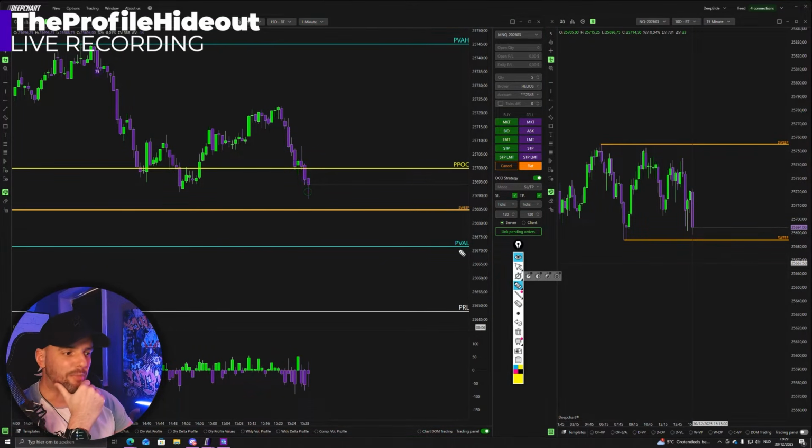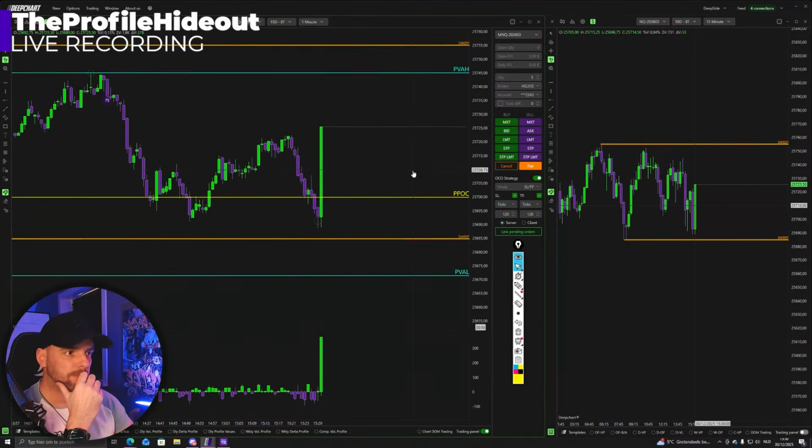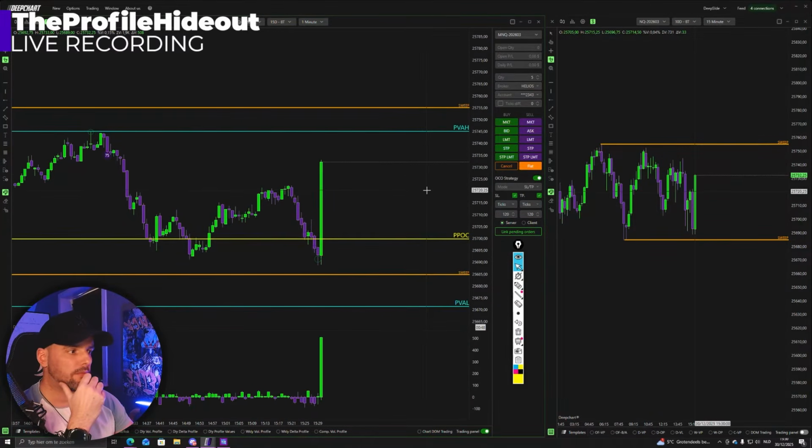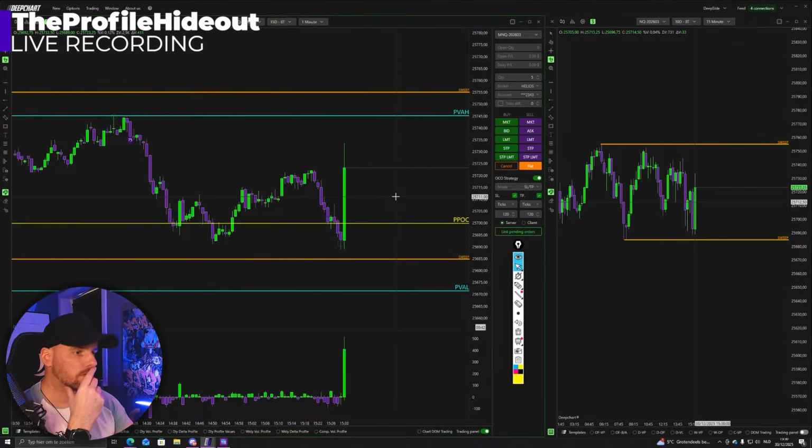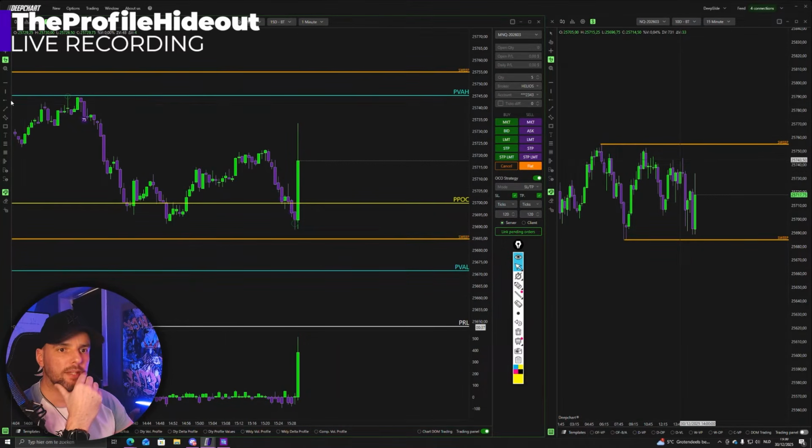Be a nice setup to the upside though if we sweep, regain. Market's opening up here. So much for the sweep on the downside. And I want to mark the open here.